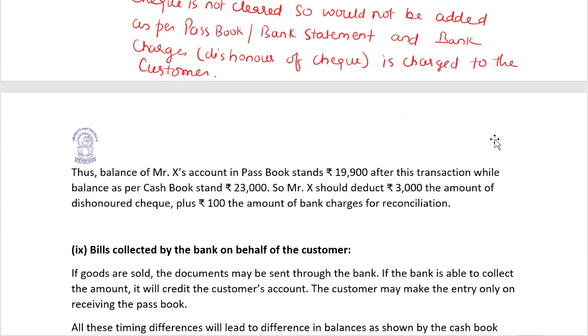Thus, the balance of Mr. X's account as per the passbook is 19,900 after the transaction, while the balance in the cash book is 23,000. So Mr. X should deduct 3,000, the amount of the dishonored check, plus 100 rupees, the amount of bank charges, for reconciliation.